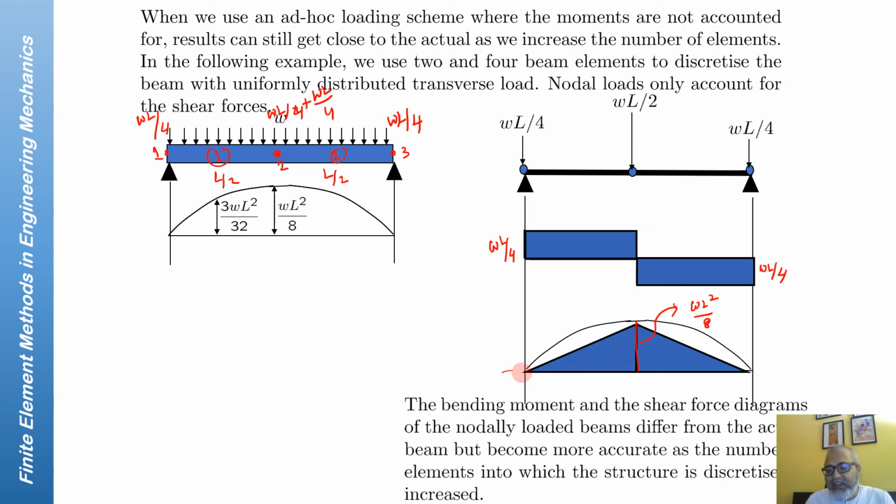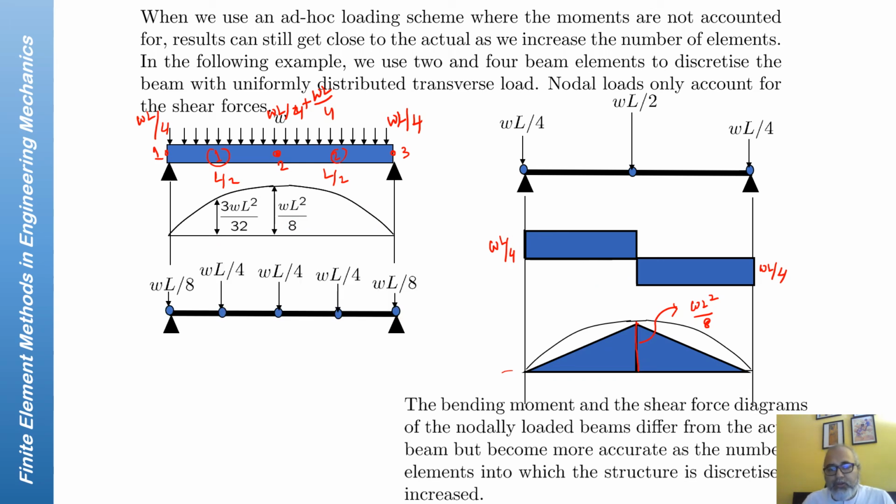You are getting it right at the ends as well, but not anywhere in between. This is, of course, the result of the ad hoc apportioning of this distributed load. Now, this you feel is probably not good.